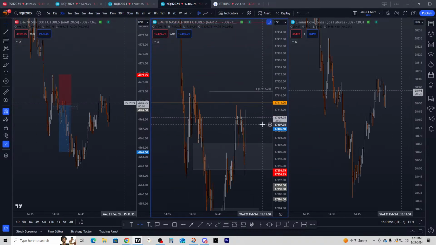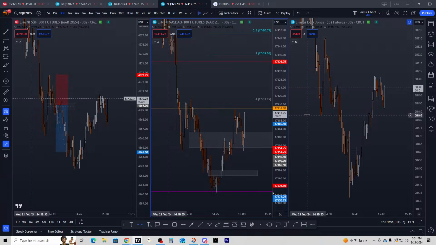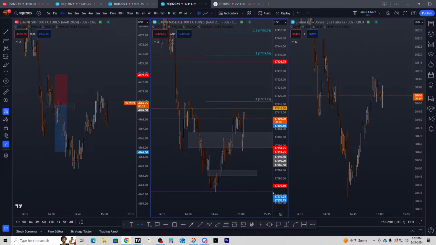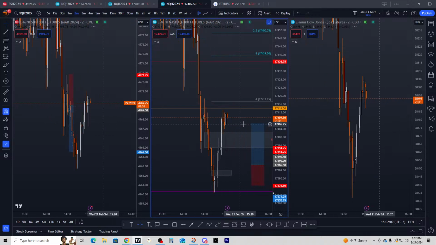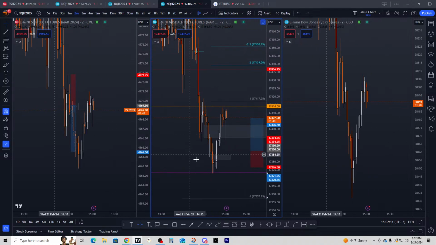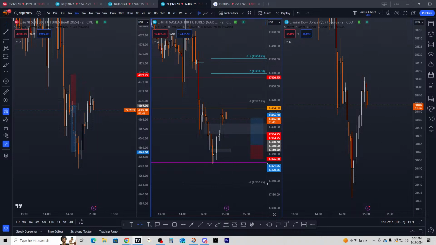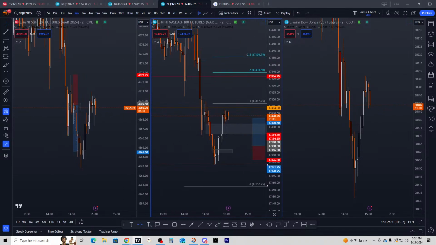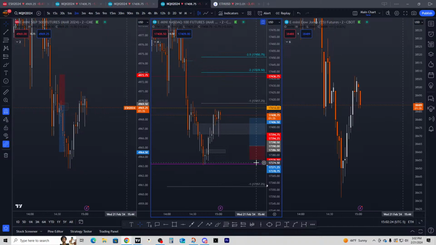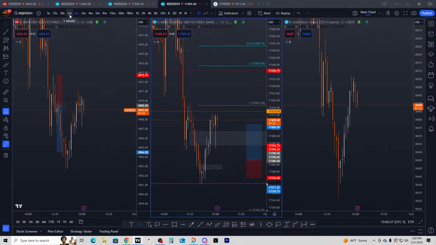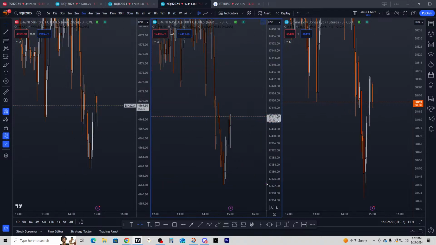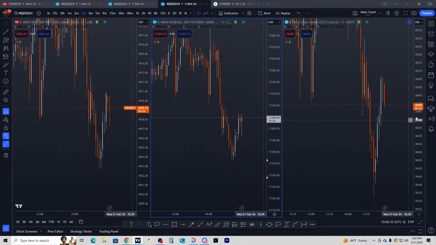Oh yeah, ripping, dude. So that 2-minute just closed very bullish after hitting that low. Yeah, that 3-minute looks bullish there.